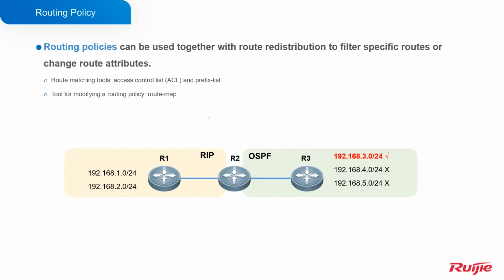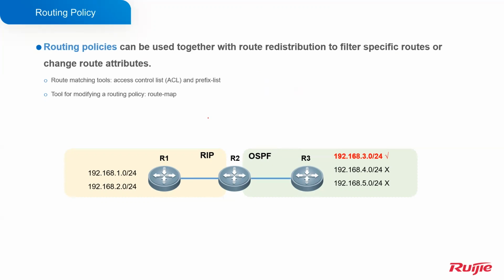Route matching tools are the ACL and the prefix list. ACL, I think you are very familiar with it, right? It can be used to match packets, and at the same time, it can also be used to match routes. And another tool is the prefix list. Later we will introduce what the prefix list is and the difference between ACL and prefix list.